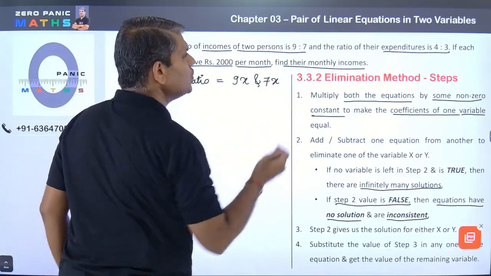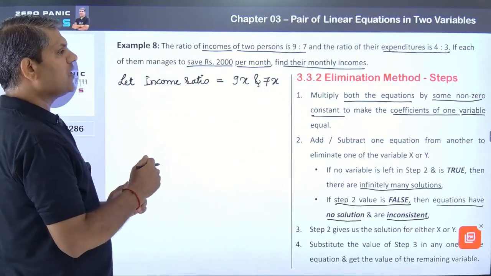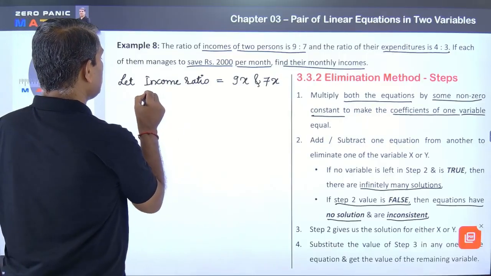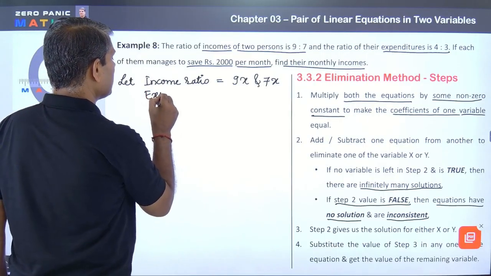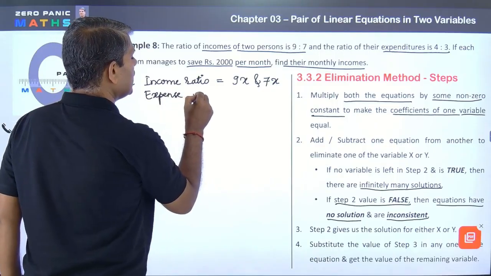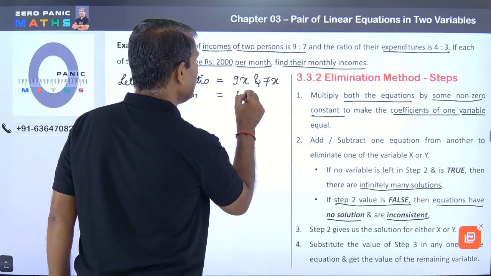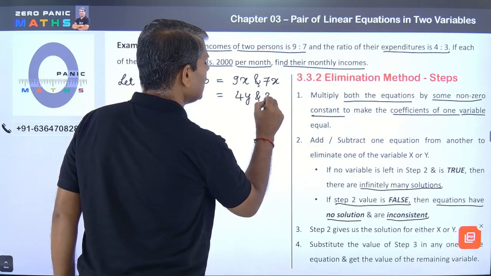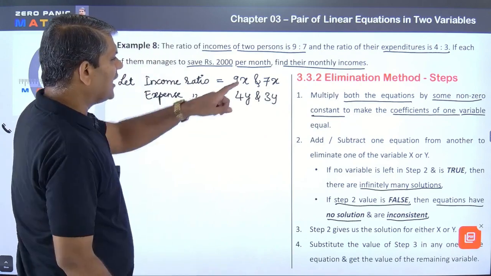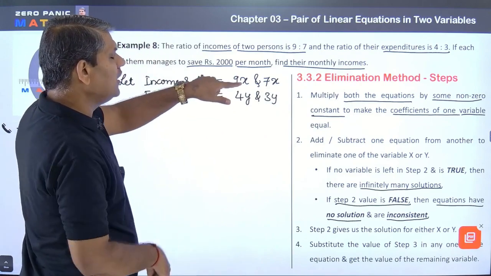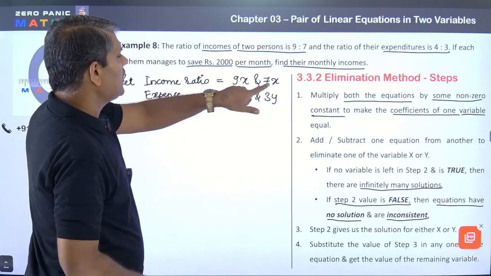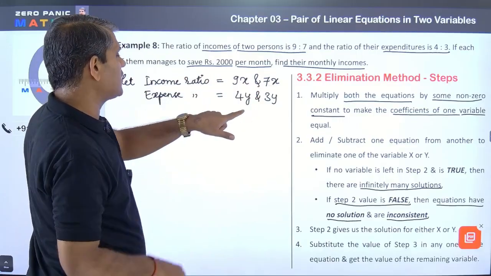Similarly, we assume y is the expense unit. We can say the expense ratio is equal to 4y and 3y. So 9x is the income of the first person and 7x is the income of the second person.